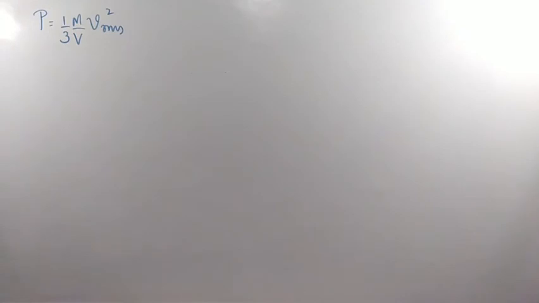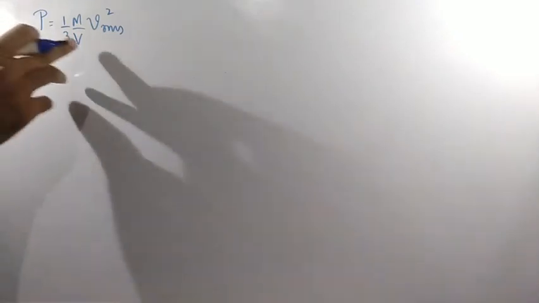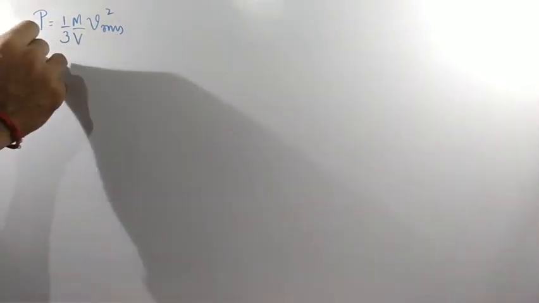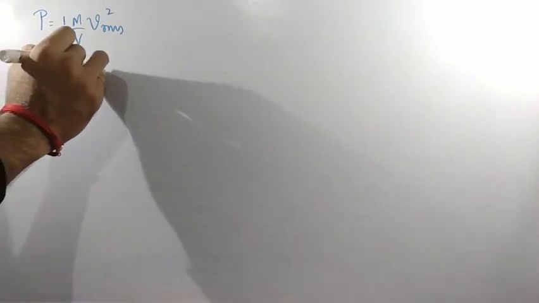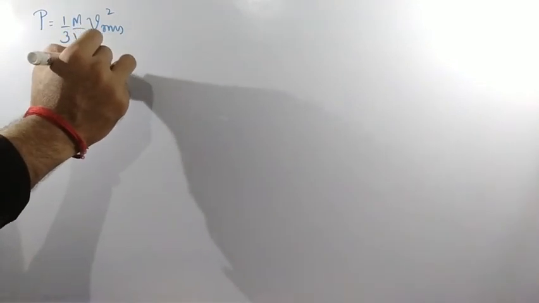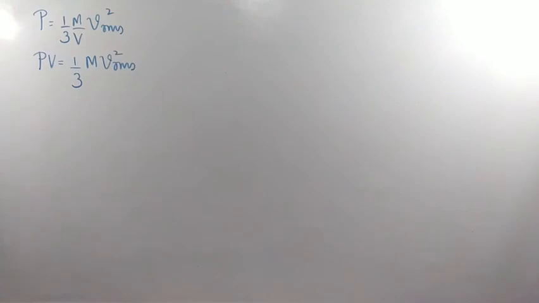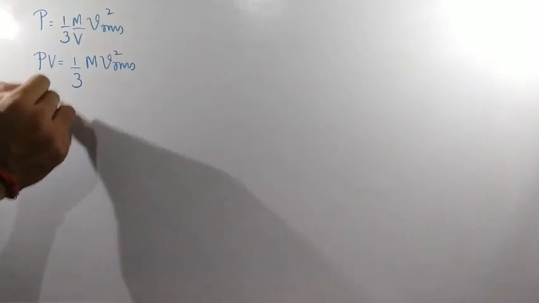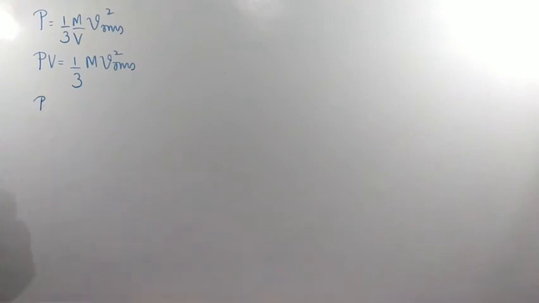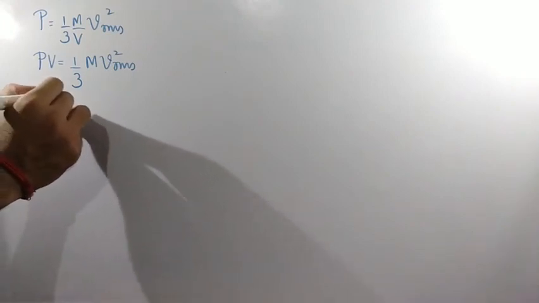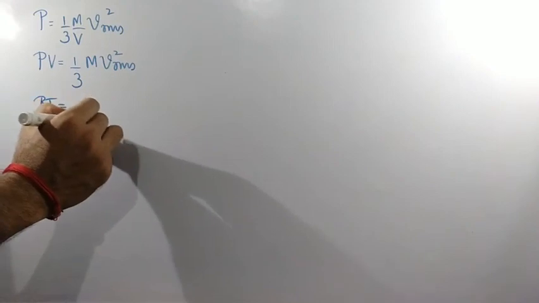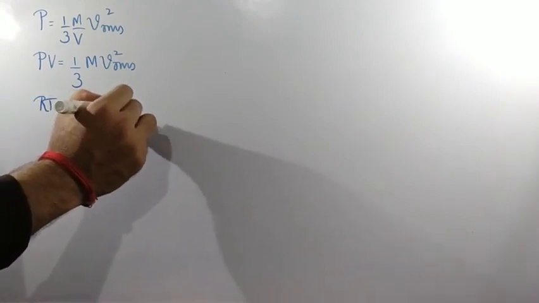Just take this V to the left hand side, we get PV is equal to 1 by 3 M into Vrms square. For an ideal gas, PV value will be equal to RT. So PV is equal to RT is equal to 1 by 3 M Vrms square.